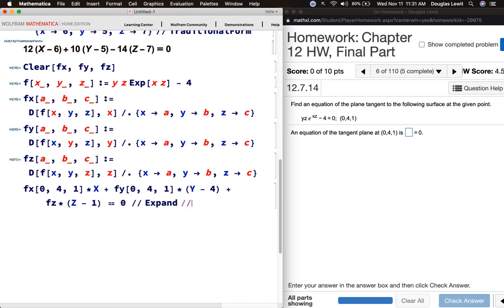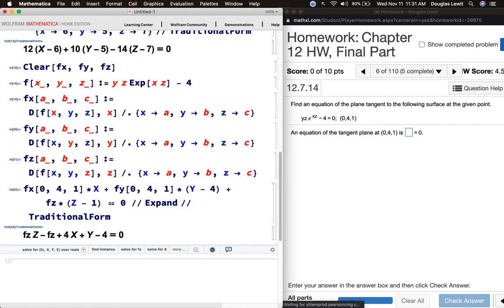Expand traditional form. Okay, that's a little bit strange. What on earth happened?